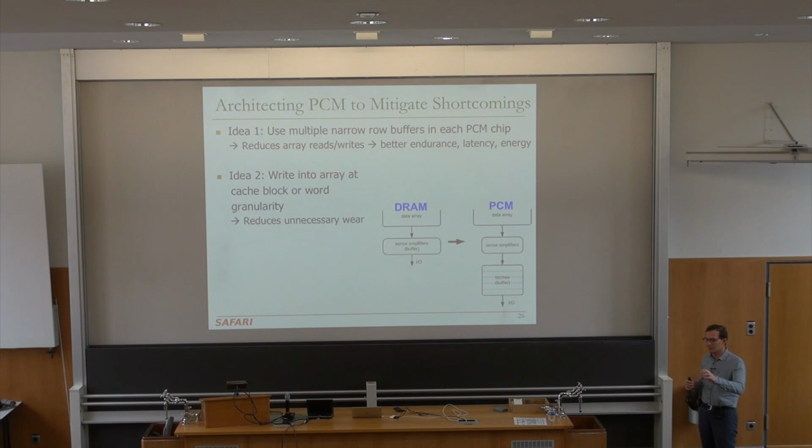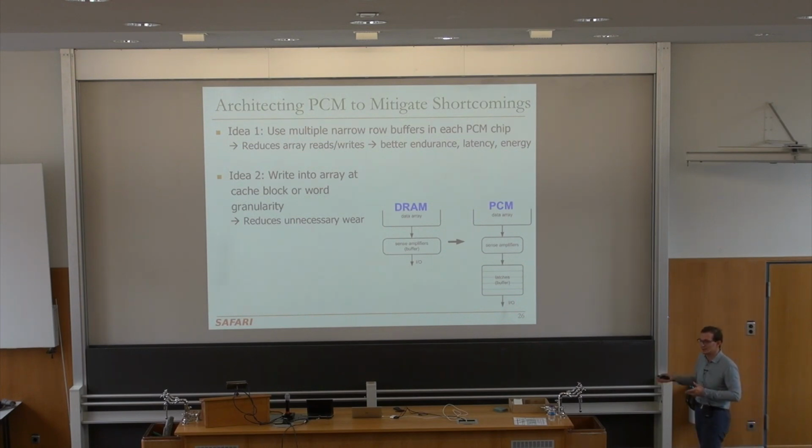They read whatever granularity they were doing the write in, let's say word granularity. They read the word. They compared that word to what was supposed to be written at that time, and at the bit level they figured out what are the differences, and they only changed the bits that were different from the memory array. That way you reduce the wear.